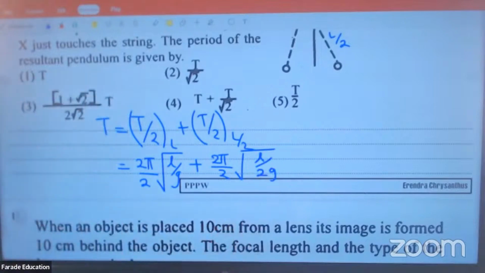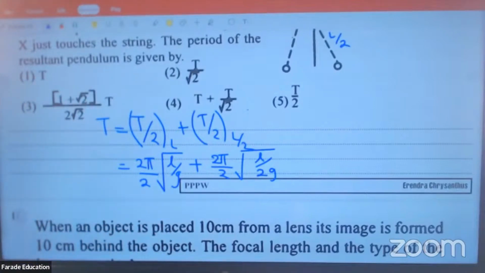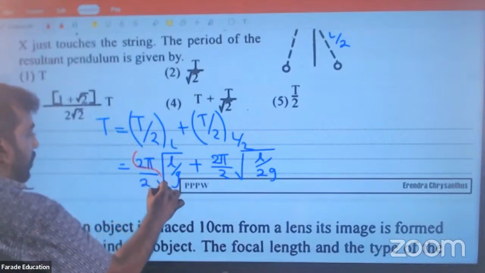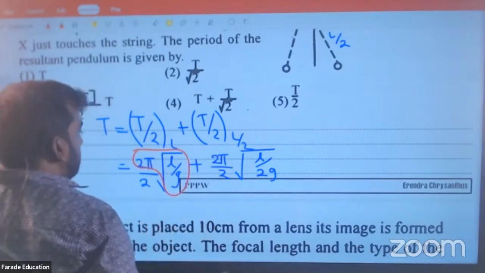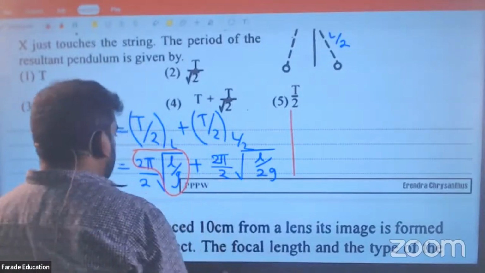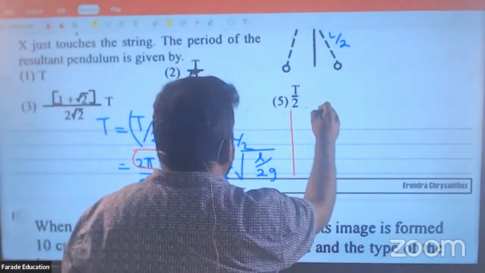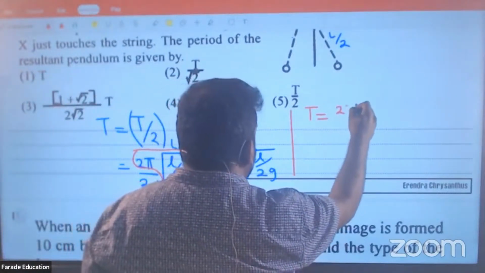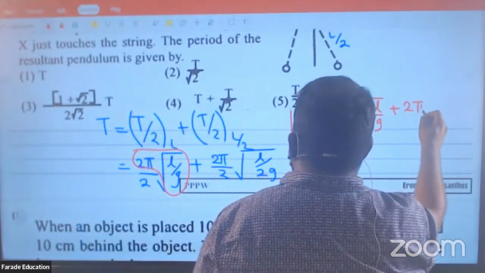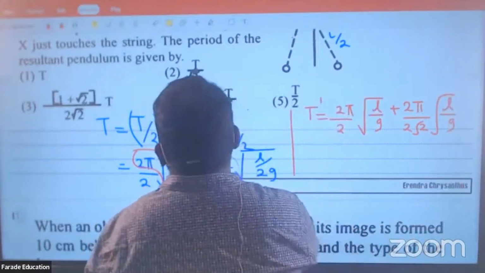So this part is taken as the periodic time T. Total periodic time T dash is 2 pi root L over G divided by 2, plus 2 pi divided by 2 root 2 L over G.